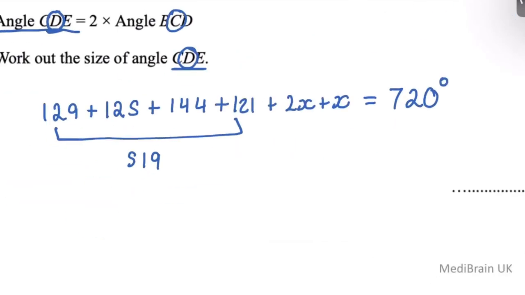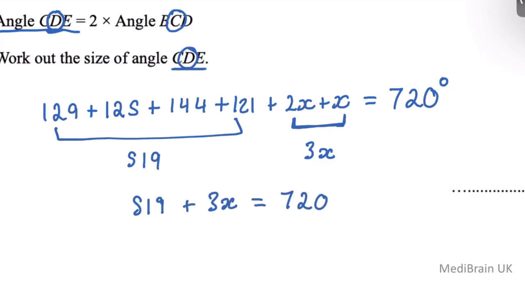Okay, so 519. And then let's simplify the x's. So we have 2x add x, which is going to get you an answer of 3x. So we have 519 add 3x, and that's equal to 720 degrees. You then want the x to be by itself. At the moment, it's being multiplied by 3, and 519 is being added onto it.